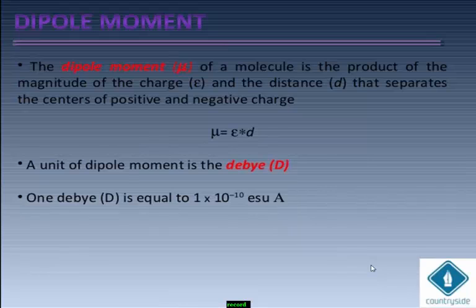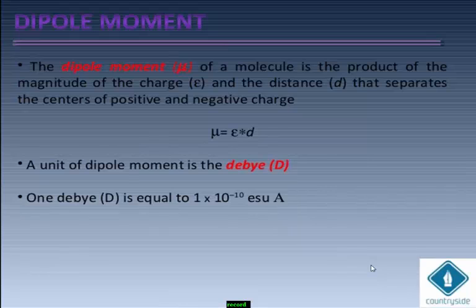It is the product of electric charge and the distance between the opposite charges in polar molecules, known as dipole moment. The dipole moment is indicated by the symbol mu, and the mathematical expression is mu equals e times d, where e is electric charge and d is the distance between the opposite charges.